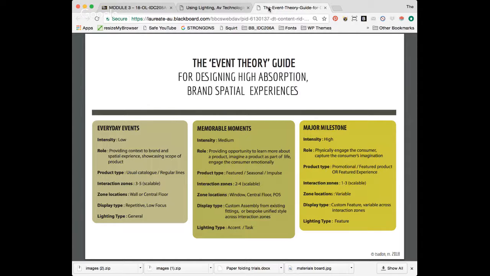Then, of course, you've got the major milestones. These are the high-intensity interaction points, and these are the promotional or featured product or featured experience. So remember that a major milestone does not necessarily have to showcase product. It can be an experience like trying on a piece of clothing, for example. 1 to 3 interaction zones are usually appropriate for this in a standard tenancy.